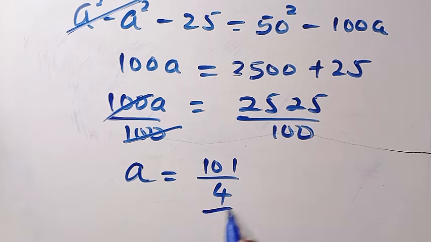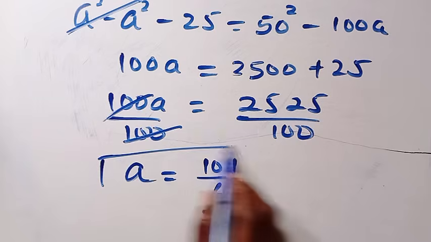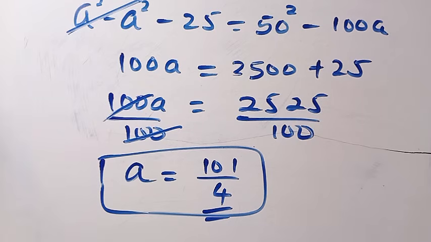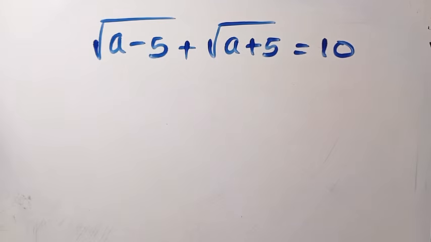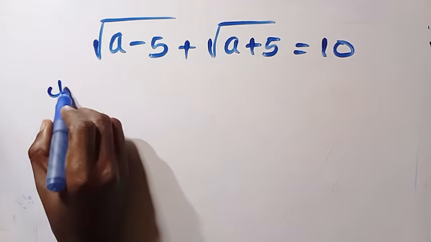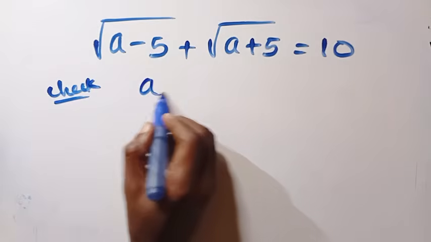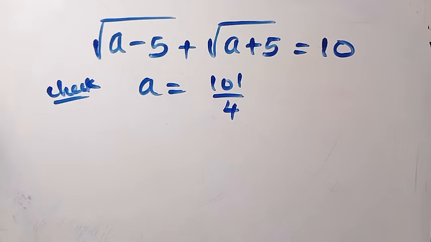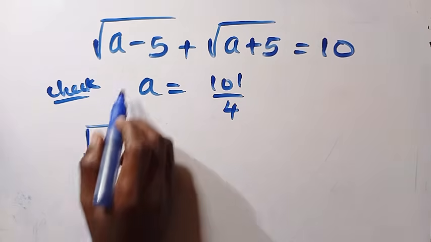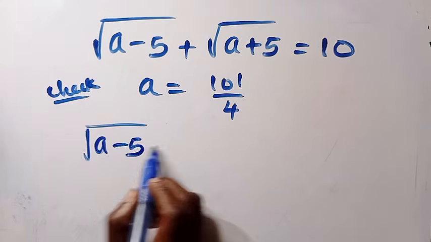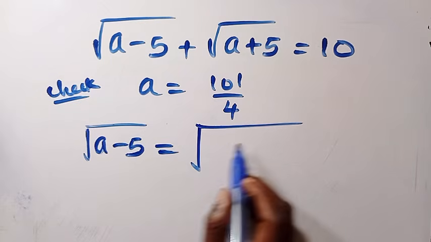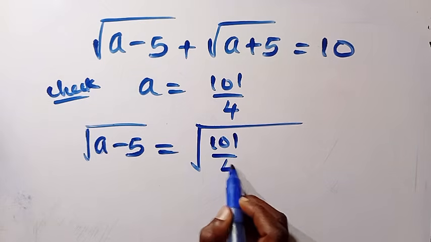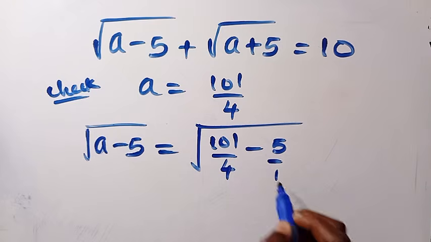So if this is the value of a, we are going to put a quick check if it really satisfies the given equation. So this is the given equation, and we want to check if a equals 101 divided by 4. So to check for this one, the square root of a minus 5 will be equal to the square root of 101 over 4 minus 5 divided by 1.